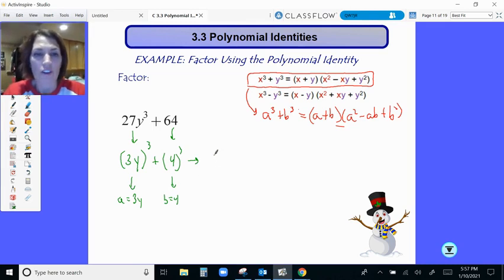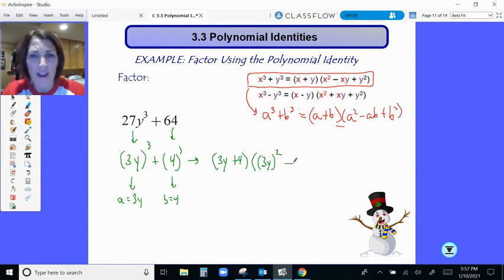We're just going to have our 3y plus 4, times my a squared, so it's going to be 3y, the whole thing, squared. Opposite sign, so minus a times b, so 3y times 4, and then plus my b squared, so 4 squared, all in parentheses.